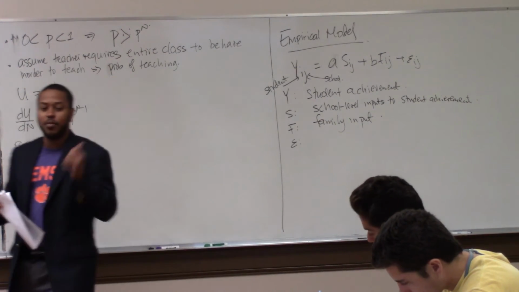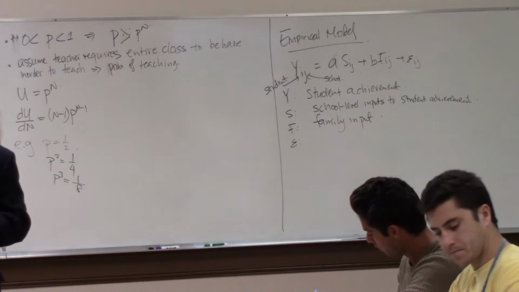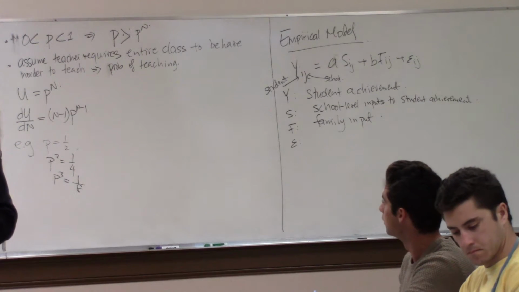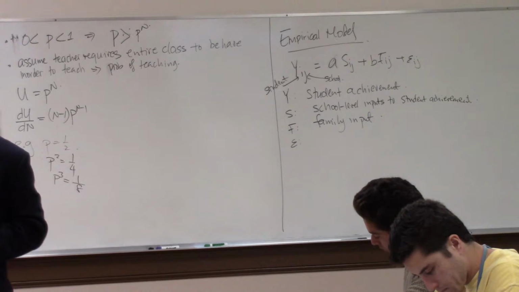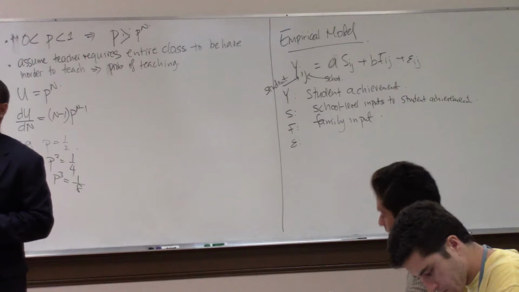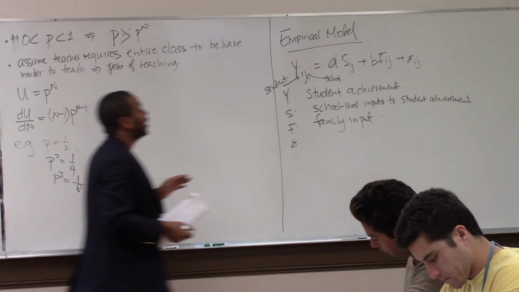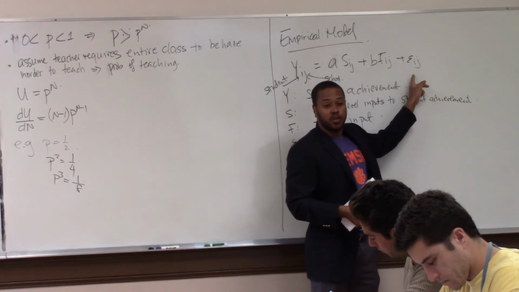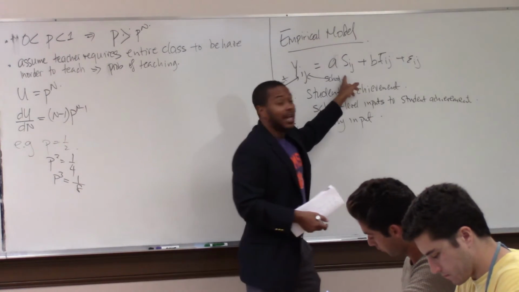Okay. Now, what's an example of something that could be in the epsilons, in the error terms, that we would be worried about? The thing that we're worried about is if there's something that we don't observe that's correlated with class size.